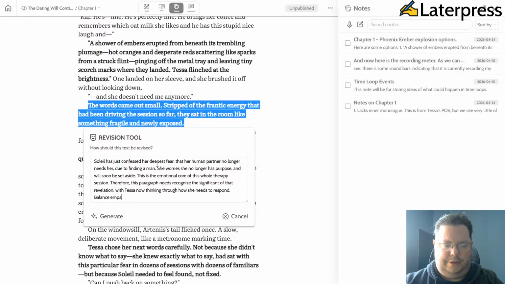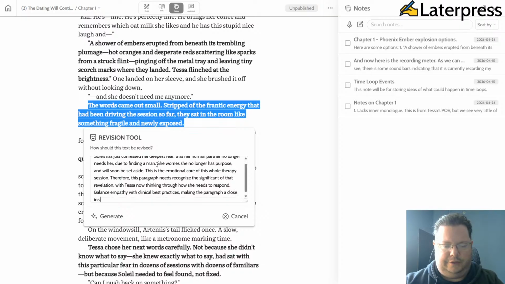Balance empathy with clinical best practices, making the paragraph a close insight into how Tessa approaches difficult situations.